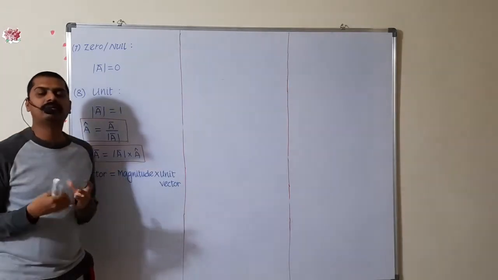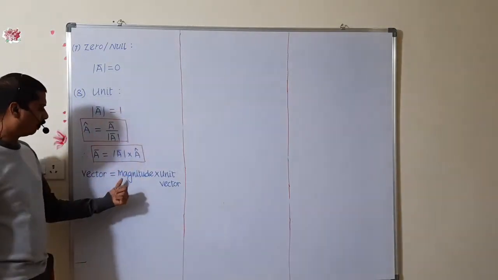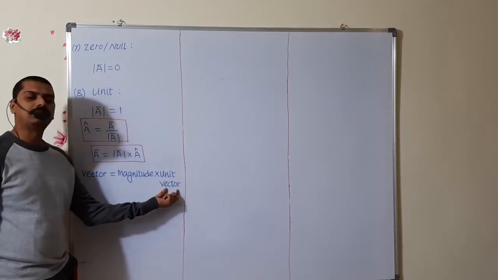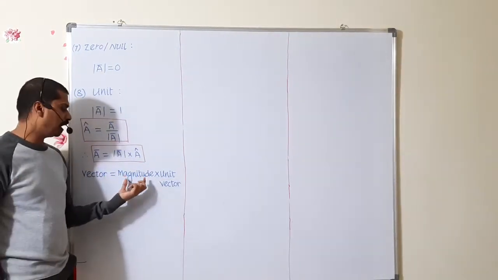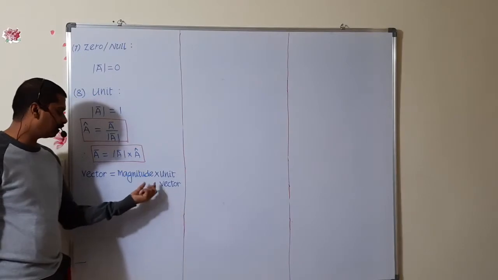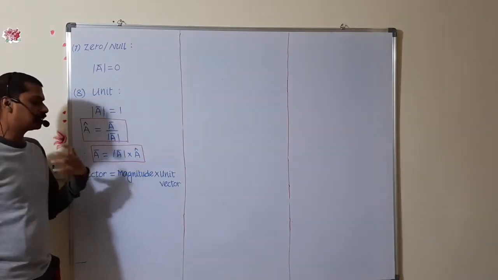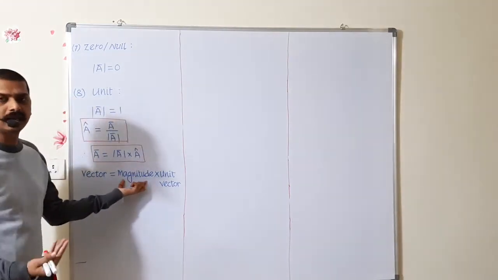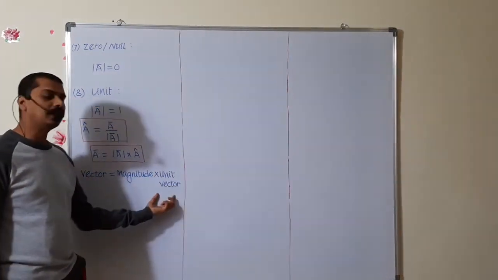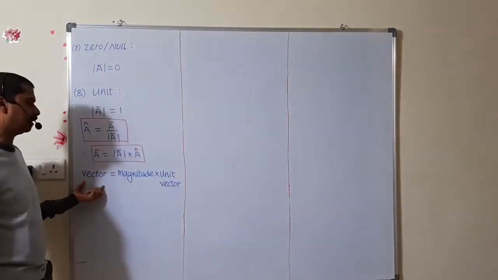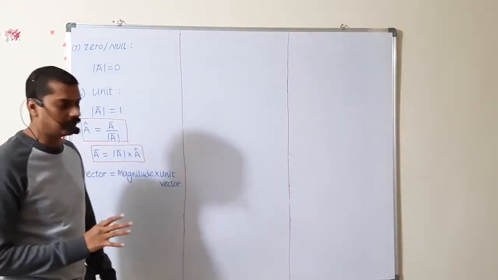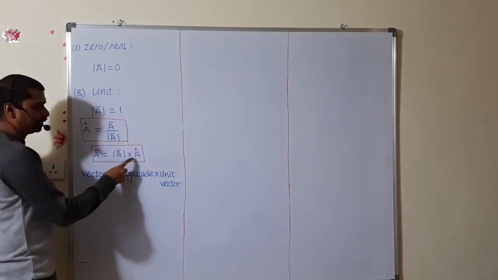If you want to write a vector, it should follow this condition: magnitude multiplied with unit vector. Here the magnitude is only a scalar. Any scalar multiplied with a unit vector becomes a vector. It is the structure of the vector. Wherever you want to represent a vector, you should follow this structure.